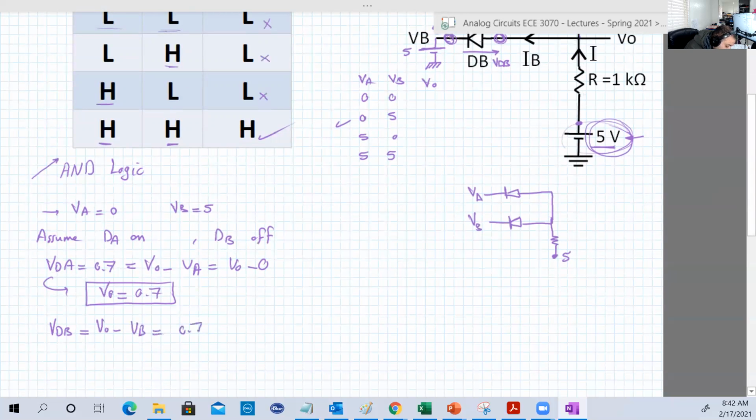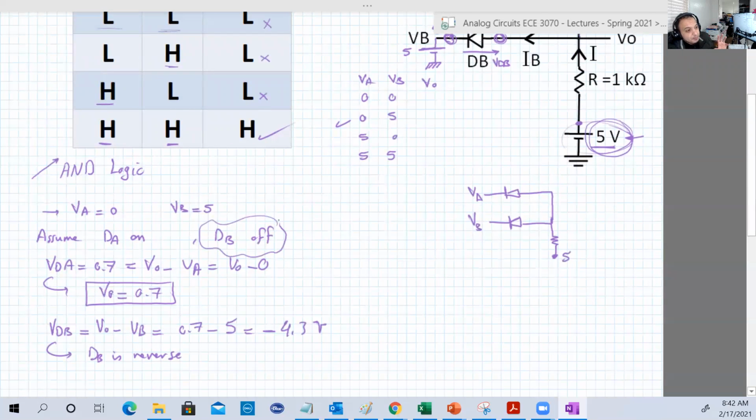So VO is 0.7, VB is 5. It is minus 4.3 volts. It's minus, so it's reverse. So that means diode B is reverse, and this is compatible with our assumption. Remember, we assumed that DB is off. DB is off means the diode is either reverse or forward, but with a voltage less than 0.7.